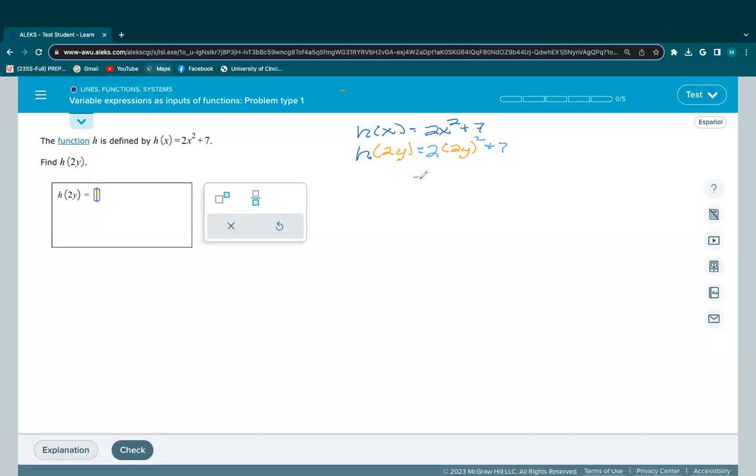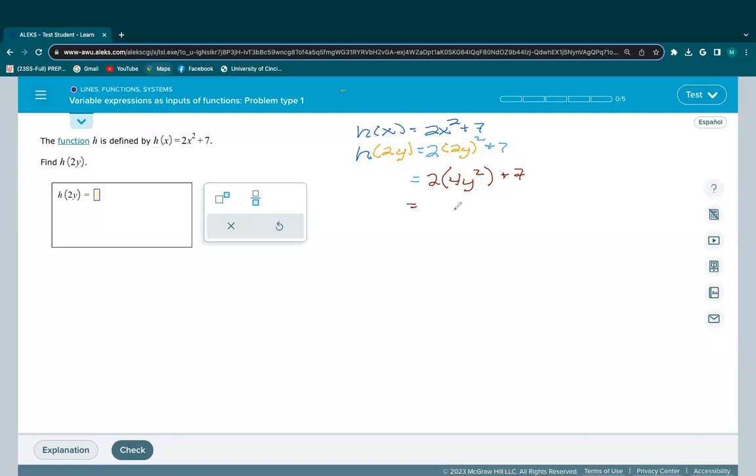Now I'm only going to work with simplifying the right-hand side, and that's going to go with the order of operations, just like I've done for other math. So we have this 2 parentheses, 2y squared. That means it's 2y times 2y, which is 4y squared. And then I have that plus 7 still. Now I get to distribute, get rid of that 2.